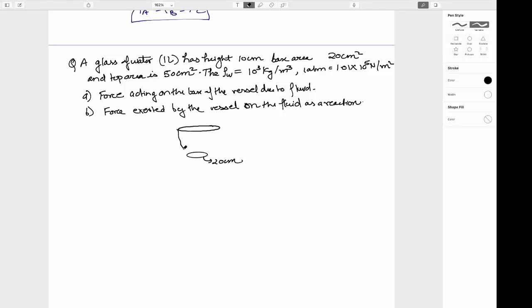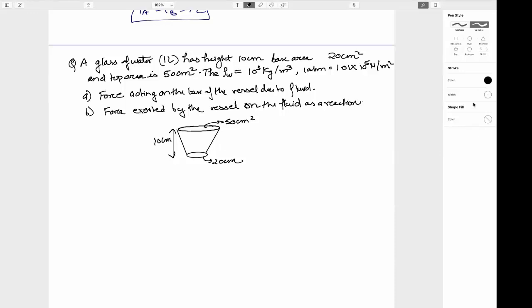It is higher than this, and it is like this. This is 50 centimeter square, this is 20 centimeter square, and this height is 10 centimeter. Everything is in centimeter. We will convert centimeter to meter. So let's do it, and I will solve it in 1 minute maybe.